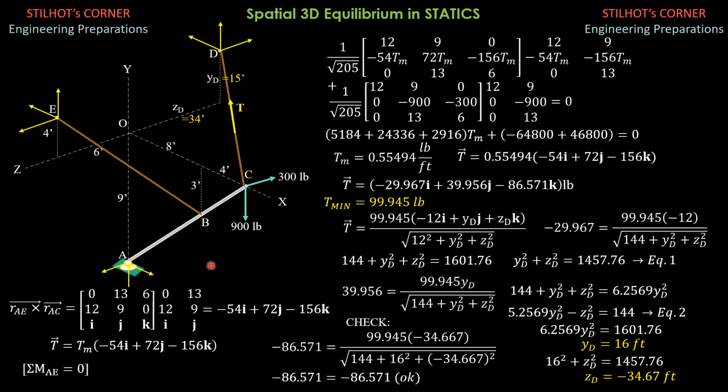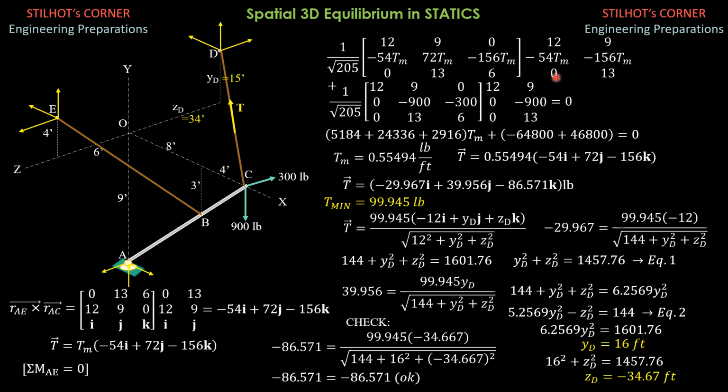This time, the components of tension will be negative 54 Tn, positive 72 Tn, and negative 156 Tn. We copy the first two elements. So we have here the unit vector, then same P. So we have to multiply 12, 72, and 6 in terms of Tn, that's 5184.